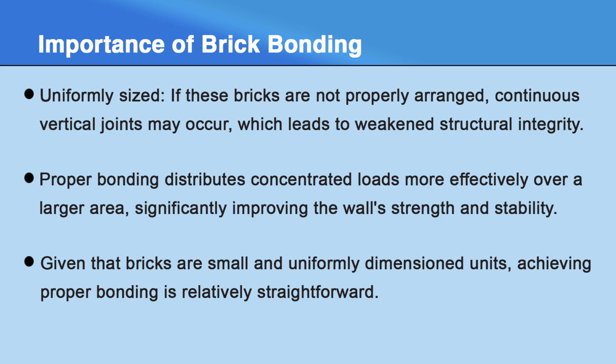The structural integrity, the second point. Proper brick bonding enhances the overall structural integrity of the wall. By interlocking the bricks in a systematic pattern, the masonry resists the shear forces and lateral loads such as wind pressure or even seismic activity.